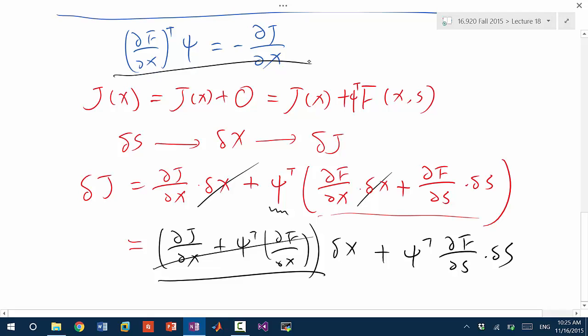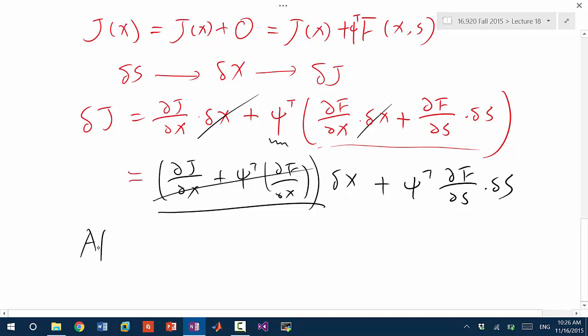This is the adjoint equation, right? I think I also need a transpose over here. Now this is the adjoint equation that removes the delta x term from the sensitivity equation and allows me to compute the change of delta j directly as a function of delta s.